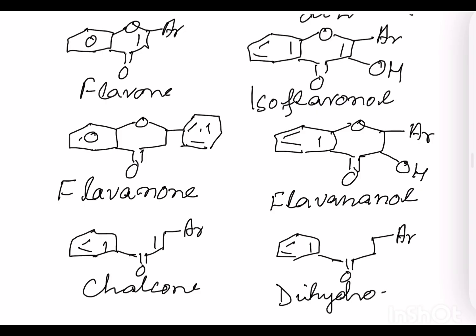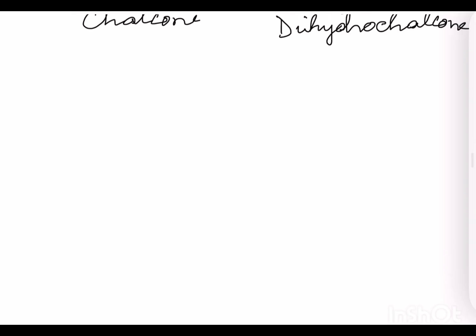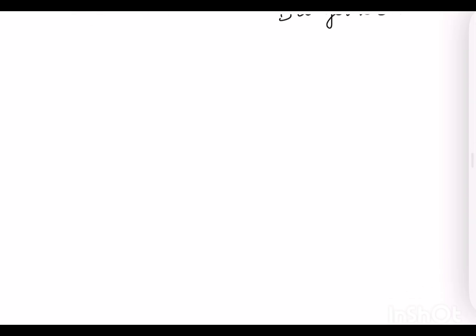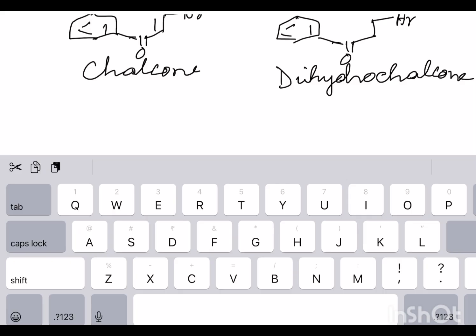And similarly, you can have the next class. You can have the next class, that is called isoflavone.